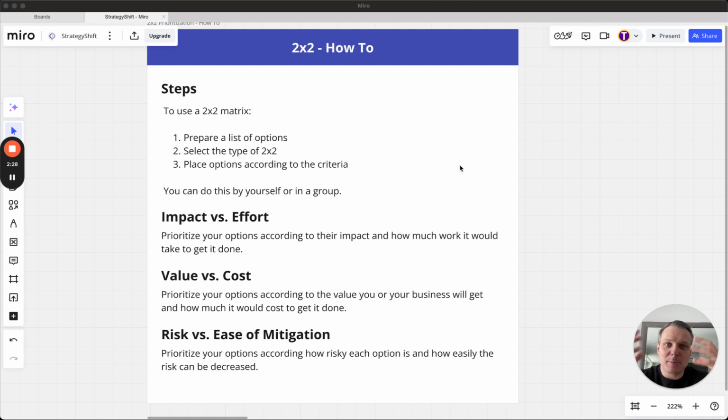And a lot of the times when you're talking about problems, or when you're doing SWOT analysis, strengths, weaknesses, opportunities, and threats, a lot of the negative impacts and the decisions you need to make can be prioritized using the risk versus ease of mitigation framework.